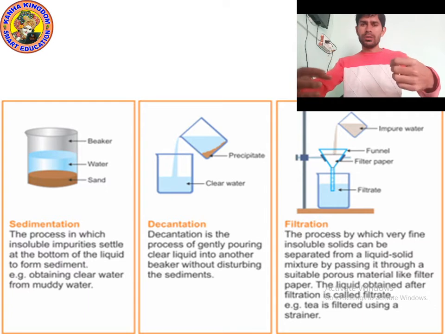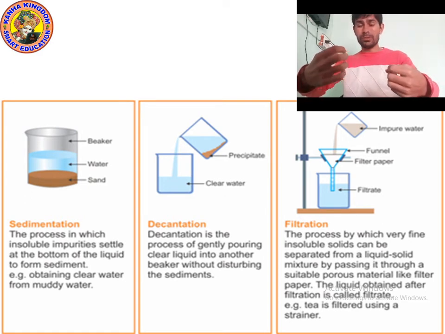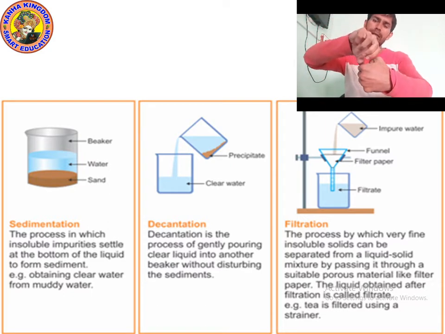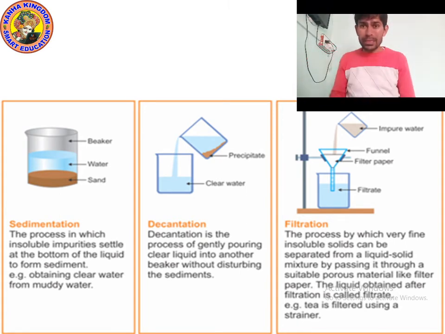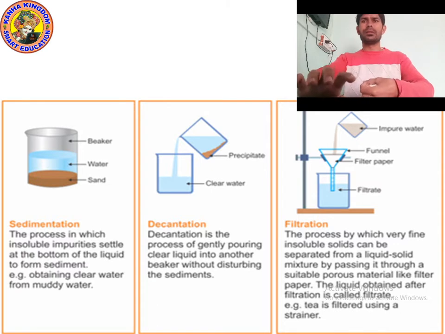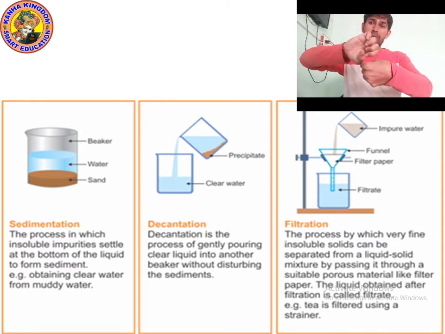So now take the beaker which has sediment water, the water that we got from the sedimentation process. Now pour this water in slowly, without disturbing the impurities, into the empty beaker.